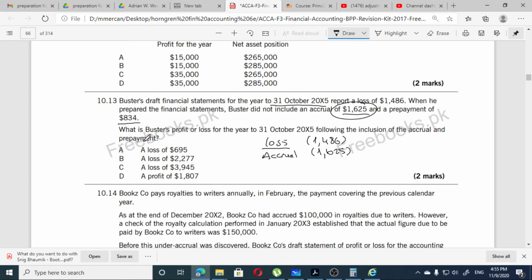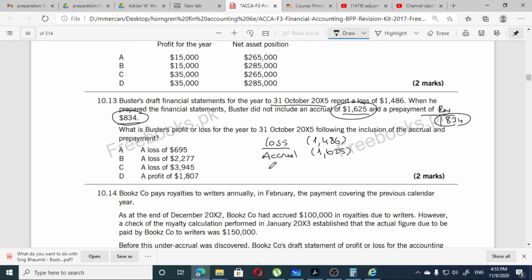What does it mean? We received advance payment from the customer to do services, and we have earned this 834 already. Then we should reduce the unearned revenue, which means our revenue should be increased by 834. If you omit this, your net income will be understated.